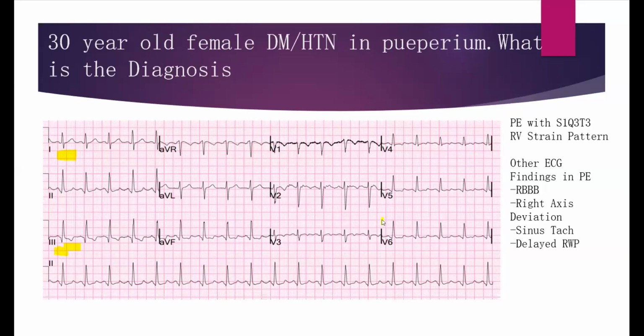So T wave inversions can also be one of the findings in the ECG of patients with PE. But remember, T wave inversions can also be early signs of patients who have an MI, a special type of MI that is known as a Wellens. So Wellens is a STEMI mimic, which I thought was beyond the scope of this class. So there are things called STEMI mimics. So an RV strain pattern is possible in terms of this.